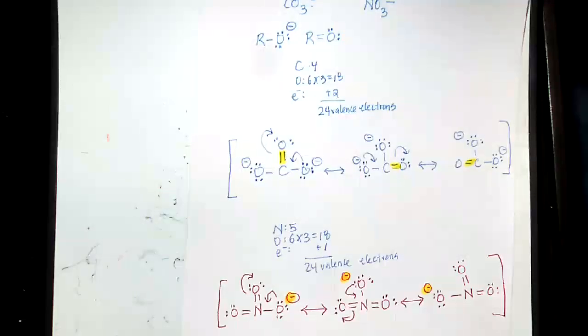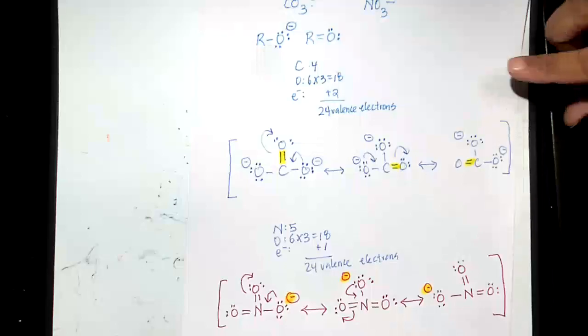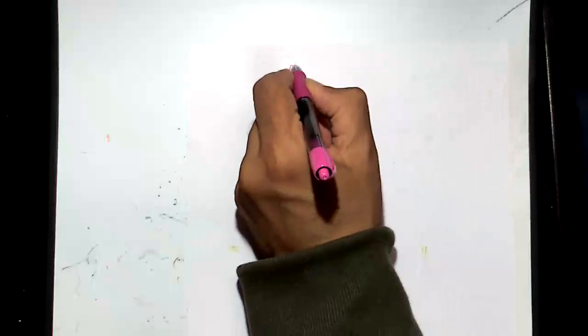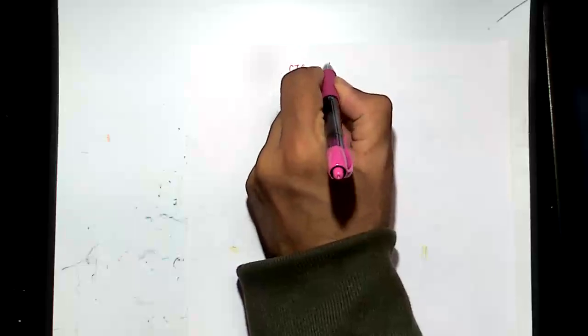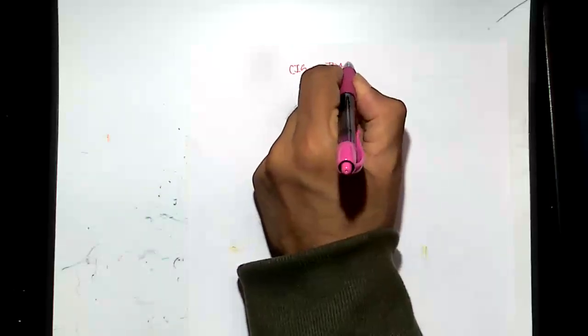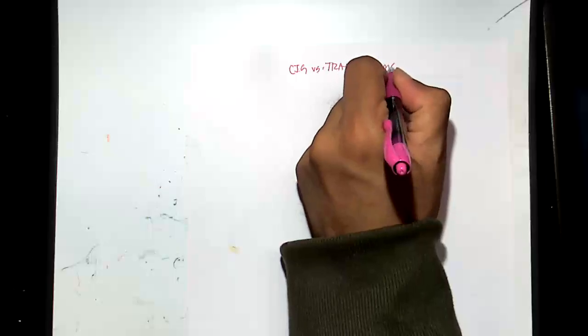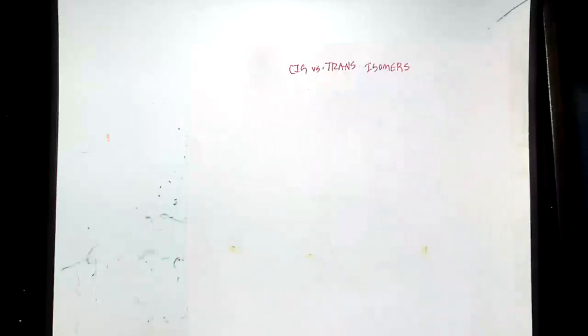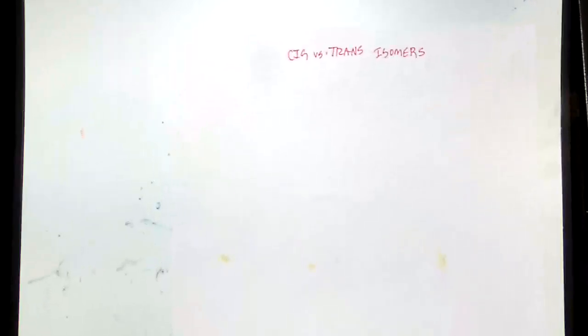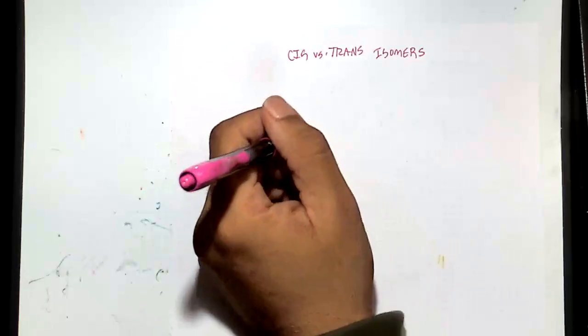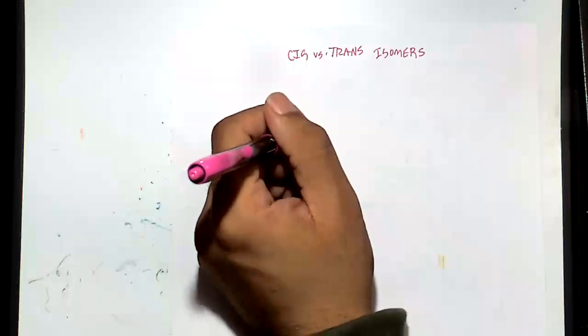Okay, another one is cis-trans isomers. Okay, do you remember cis and trans isomers? Let's do that here. What is a cis isomer?